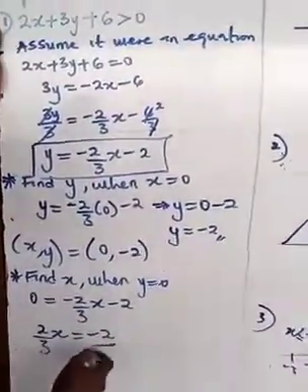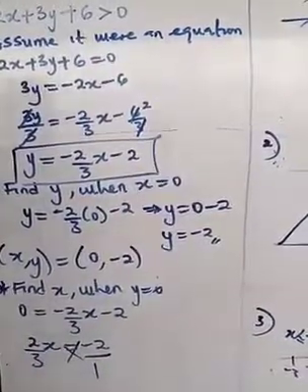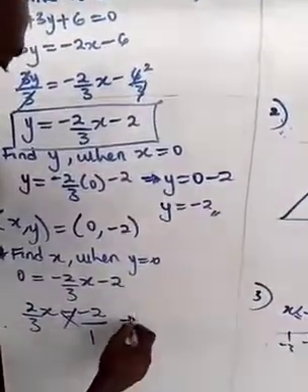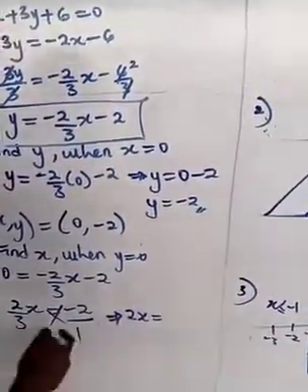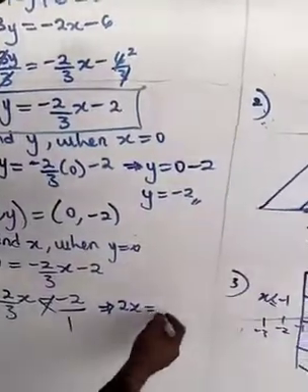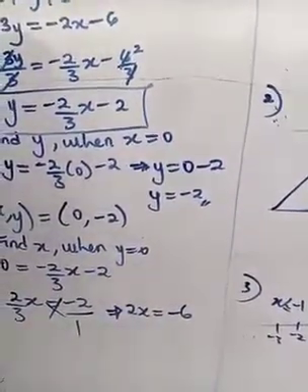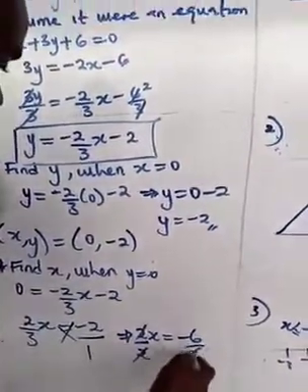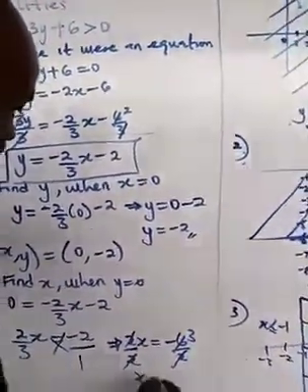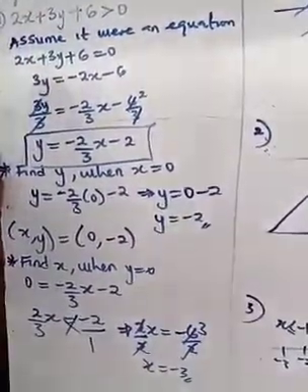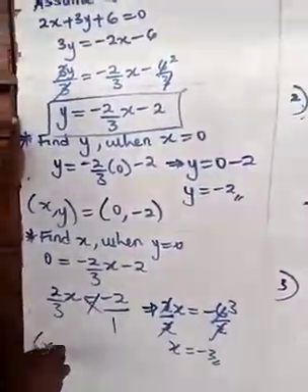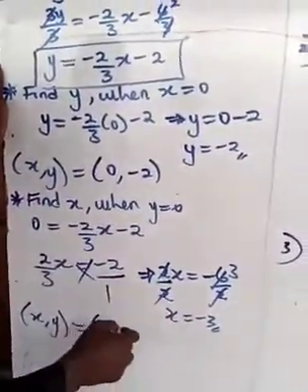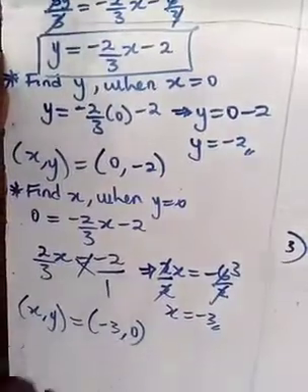Now we can cross multiply, so we have 2x is equal to 3 times -2, that's -6. Then if we divide both sides by 2 to find x, x equals -3. So when x is -3, y is equal to 0.